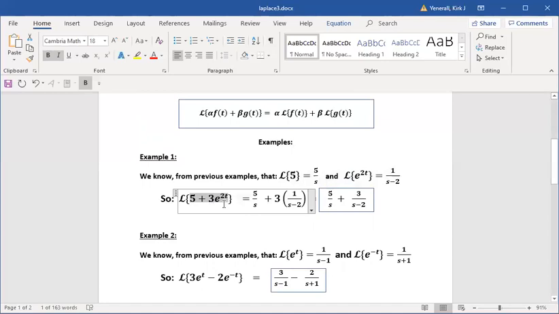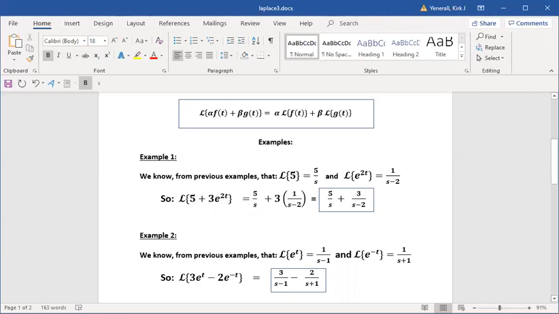So because of linearity, the Laplace transform of 5 plus 3 times e to the 2t is going to be the Laplace transform of 5, which is 5 over s, plus 3, that constant, times the Laplace transform of e to the 2t. And that means that I know what the Laplace transform of this sum is. It's 5 over s plus 3 over s minus 2. That will be the Laplace transform of that sum of functions.